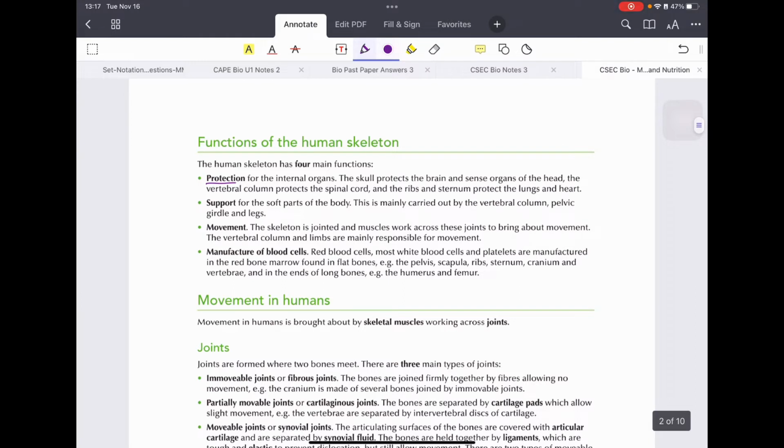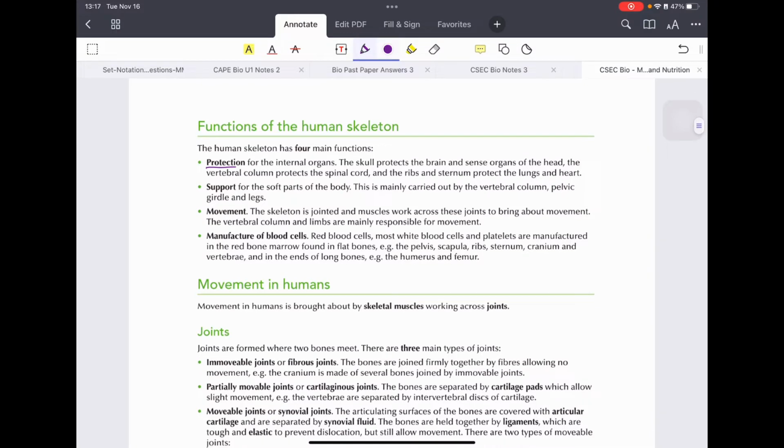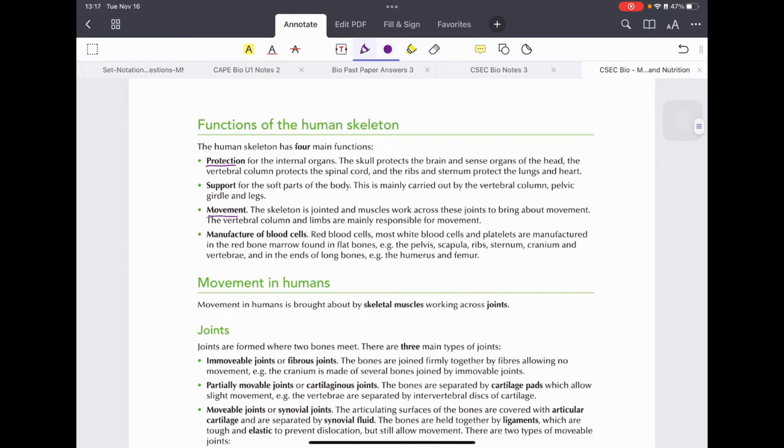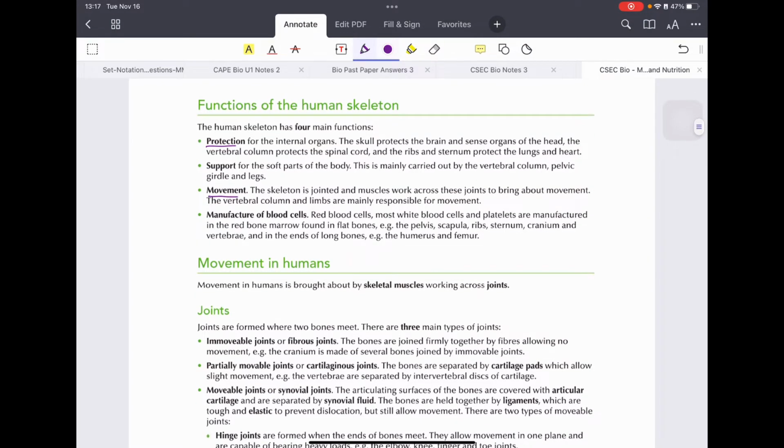So support for the soft parts of the body. Okay, so you have your spine, you have your pelvis, your legs, they all support the body. Okay, keep it upright, right? That's why we could stand up straight. And obviously movement, this is the topic, right? Movement. So the skeleton along with muscles, they work together to provide movement.